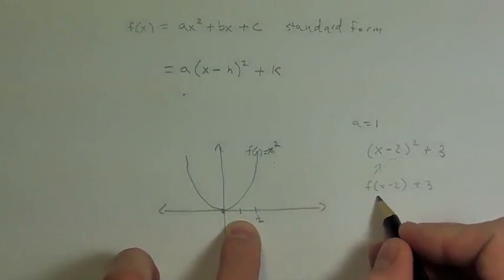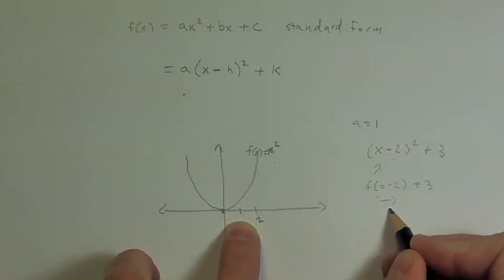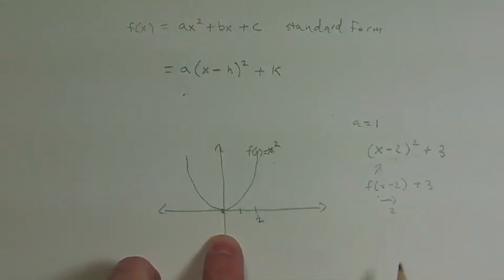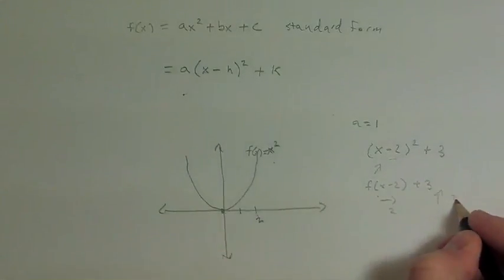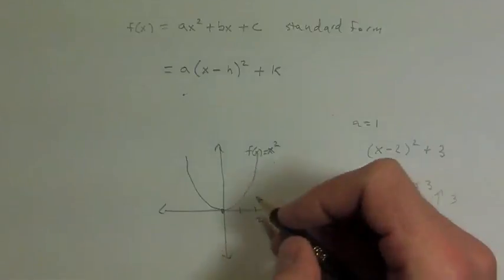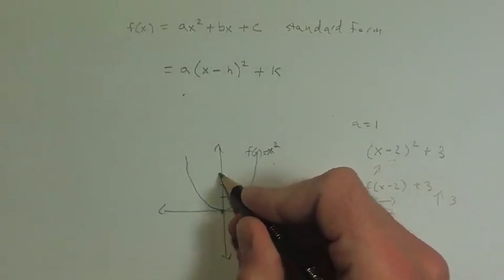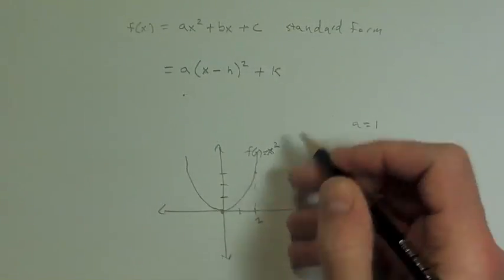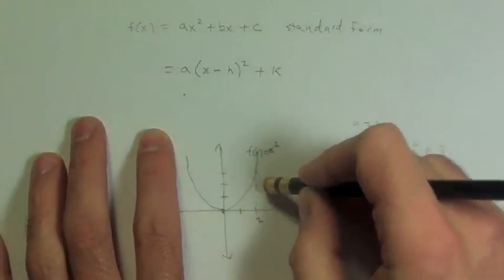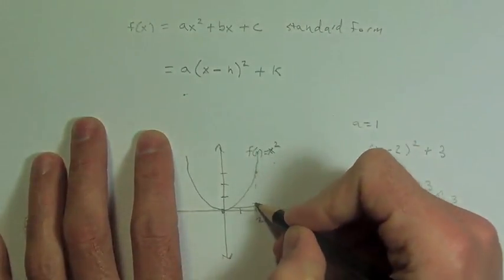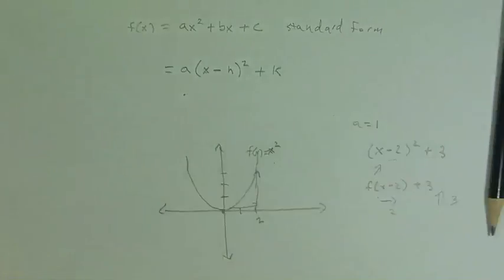Minus 2 on the inside shifts to the right 2, and plus 3 on the outside shifts up 3. So we shift 1, 2, 3 up, and what we're going to do is shift that parabola up.